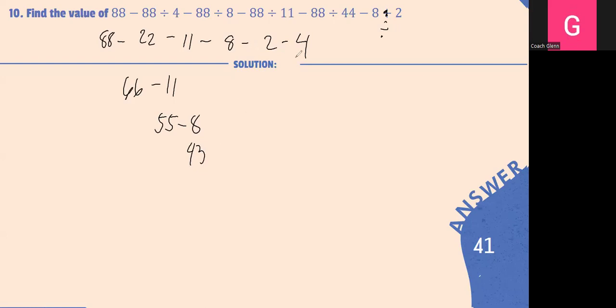Next, we have 43 minus 2, that's equal to 41. 41 minus 4, that's equal to 37. So the final answer should be 37. So that's it for number 10.